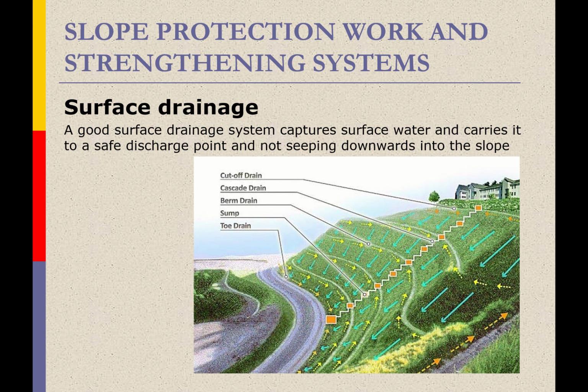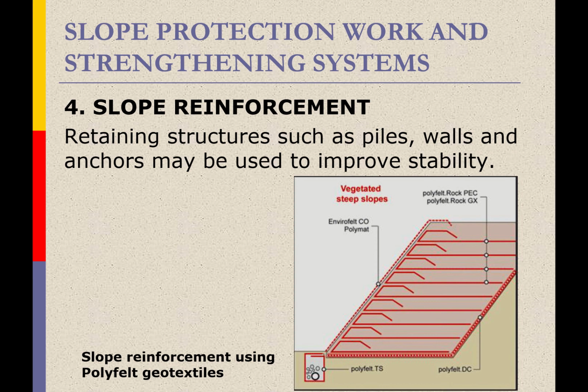So a good surface drainage system captures surface water and carries it to a safe discharge point and not seeping downwards into the slope. So this is what we want from the design of the slope and when we provide for the surface drainage.